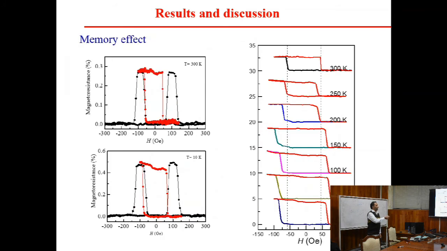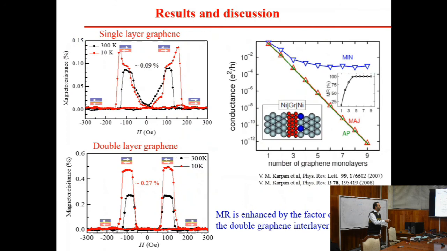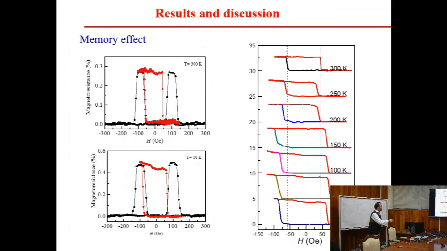In the case of memory devices, if you look at this region on the right side, what is memory actually? You are applying the current, you are measuring the voltage, and with the sweep of the magnetic field, you are increasing the magnetic field.